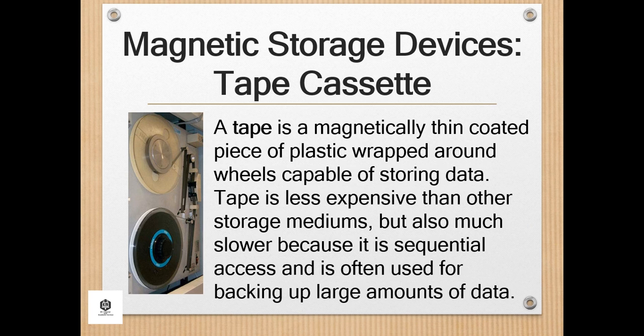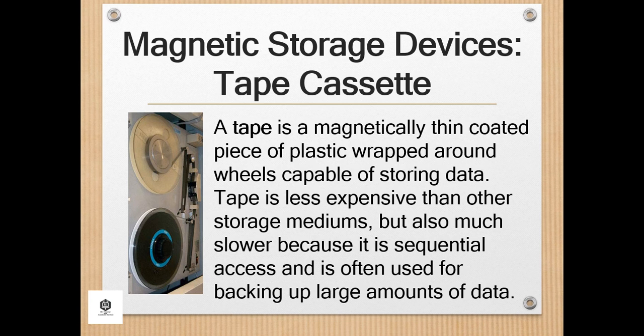How about tape cassette? A tape is a magnetically thin-coated piece of plastic wrapped around wheels capable of storing data. Tape is less expensive than other storage mediums, but also much slower because it is sequential access and is often used for backing up large amounts of data.